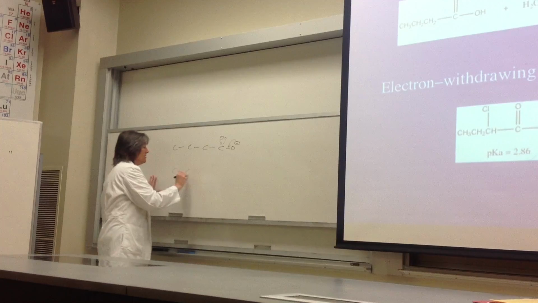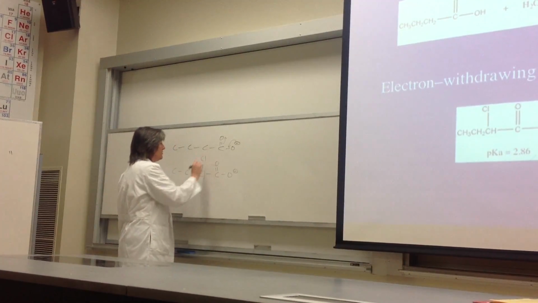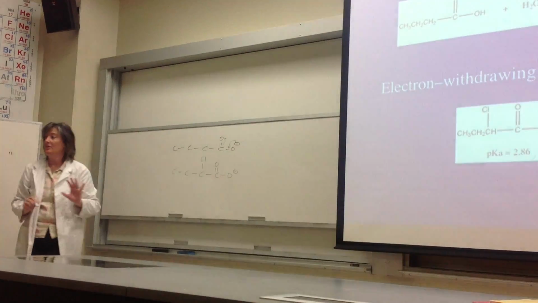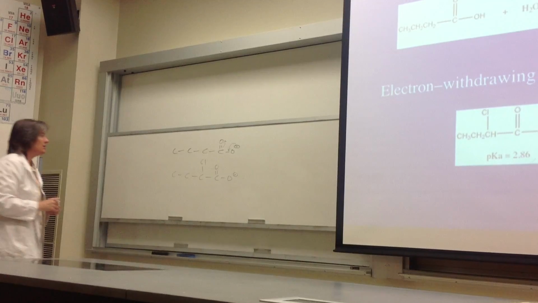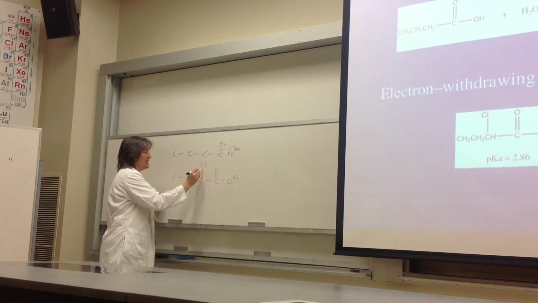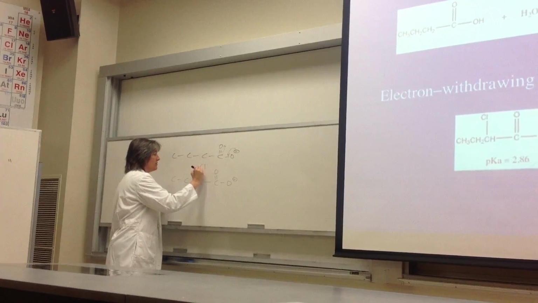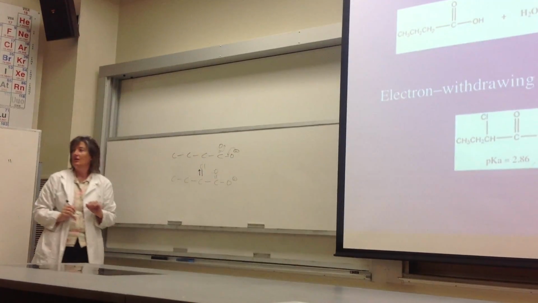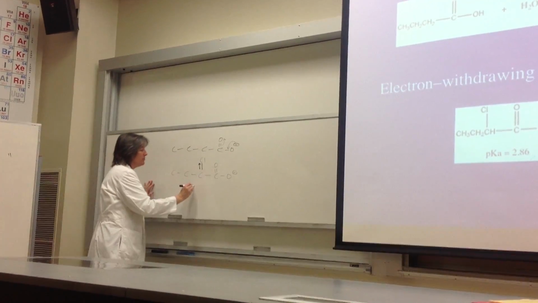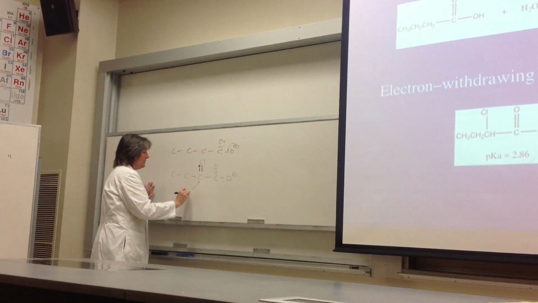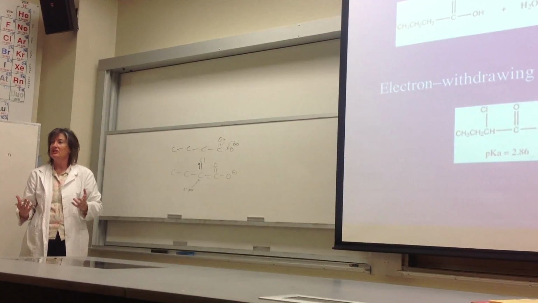When you put on the chlorine close by, because the inductive effect is distance related, this is pretty electronegative. So what it does is it withdraws electron density towards itself. That means this carbon is now electron poor. It's had some electrons pulled away from it. It's got a delta plus.